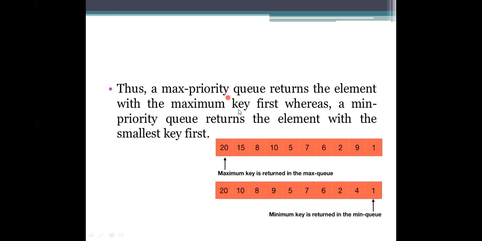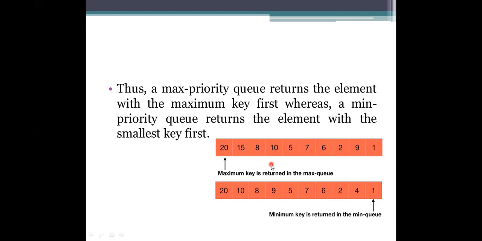Coming to the example, as I said, let us assume the array of elements are these. The maximum key or the maximum element will be taken into account; that is the first element which is inserted. And the last element will be taken as the smallest representation, that is the minimum key.